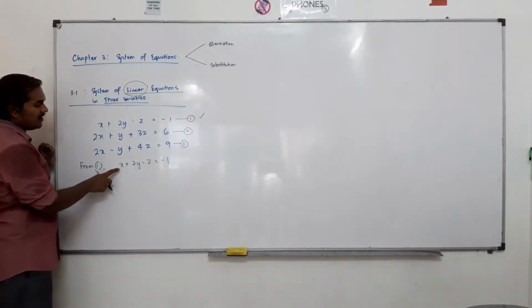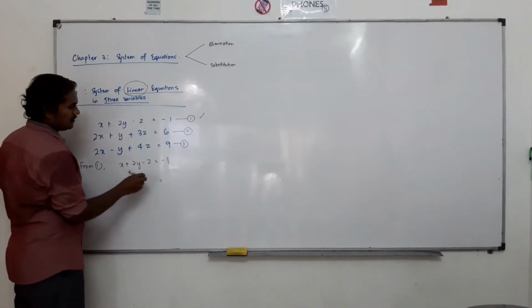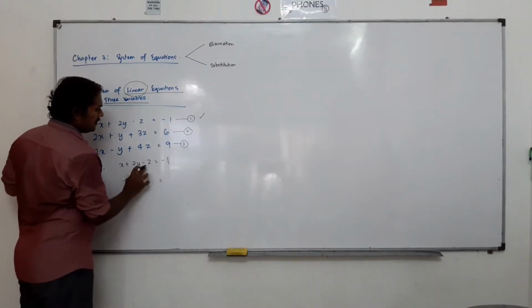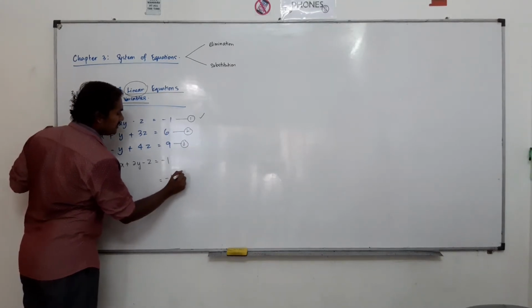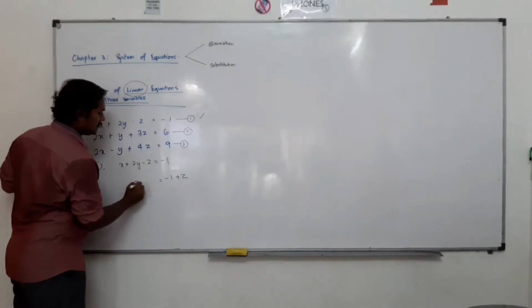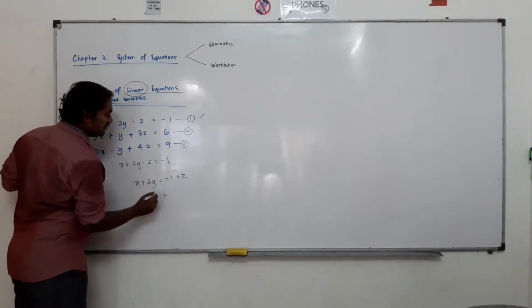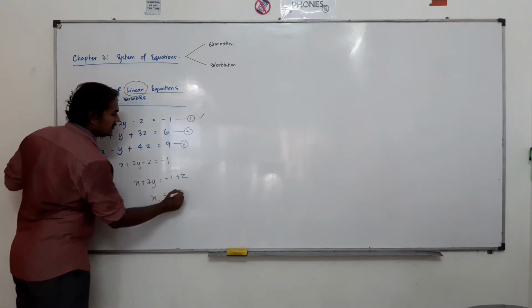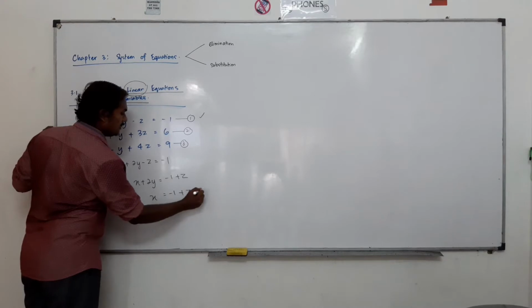If I want to make x the subject, negative z will go to the other side and become positive z. Positive 2y shifted to the other side will be negative 2y.